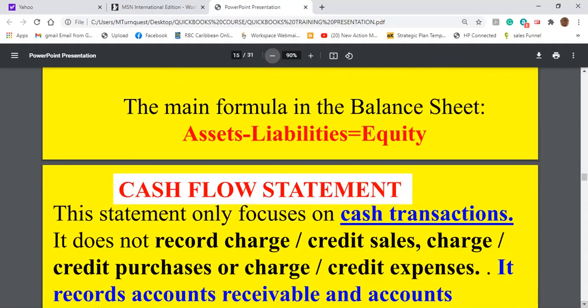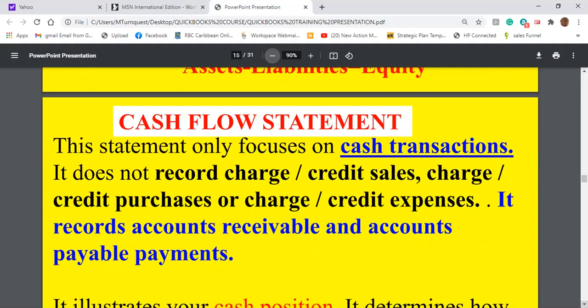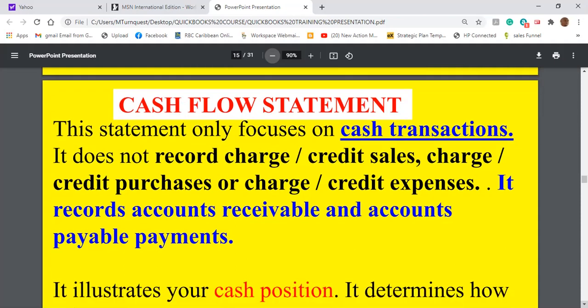The cash flow statement is a very important statement, and it only deals with cash transactions, nothing else. No credit sales, no card sales, no credit purchases or charge purchases. It only deals with cash, and cash doesn't lie. Either you have cash or you don't.